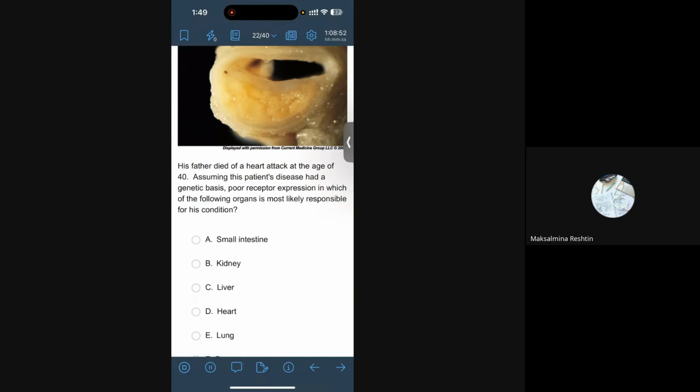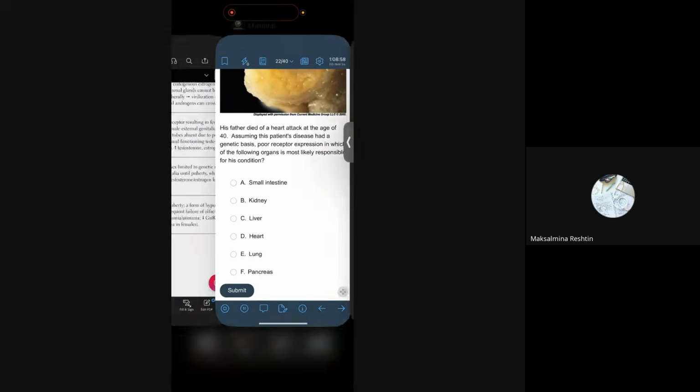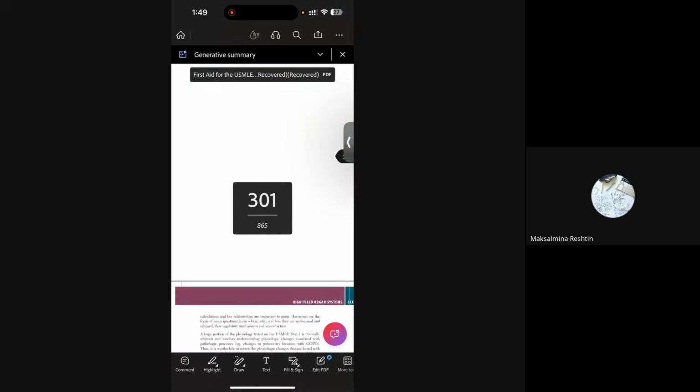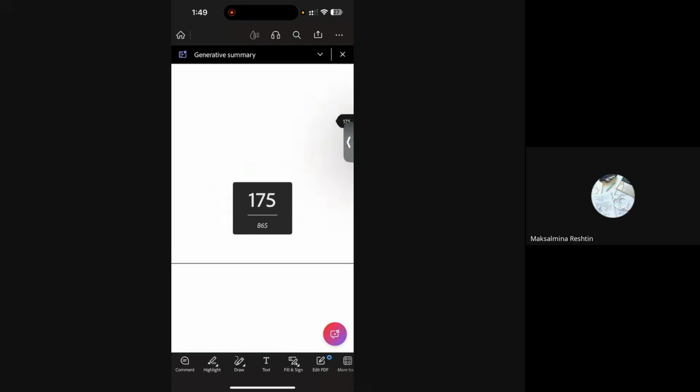Type 1? In type 1, we see pancreatitis and hepatosplenomegaly, but not early MI. It is in type 2, yes.